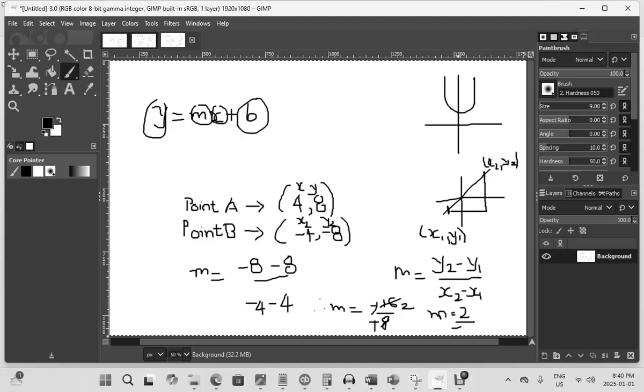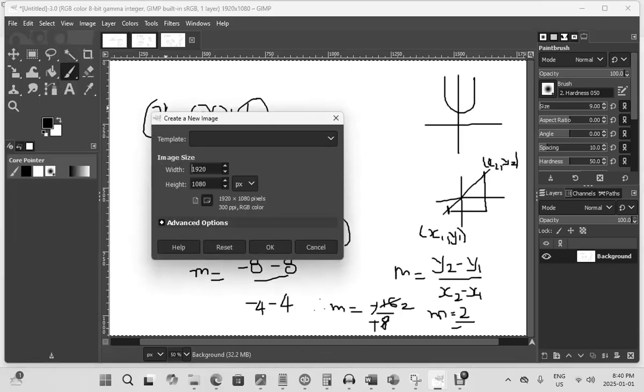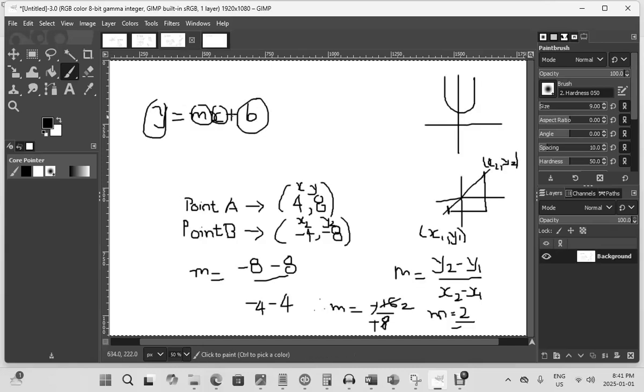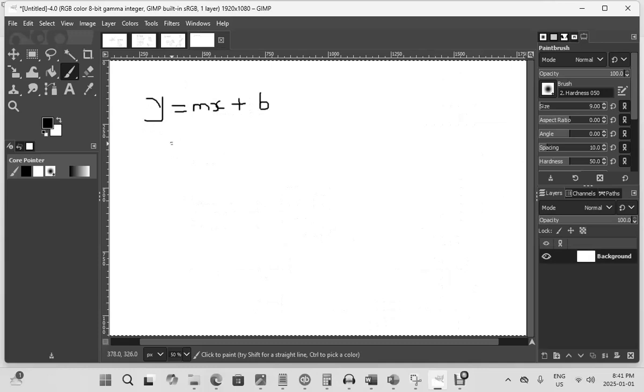Now, given this slope, you can also figure out your y-intercept. Let's say this is y equals mx plus b. If we go back, our slope is 2. So if m equals 2, y equals 2x plus b.